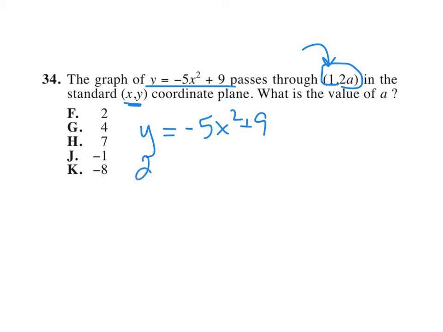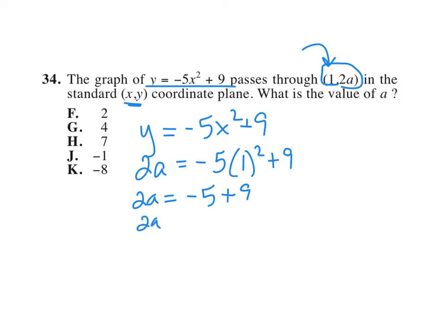So I'm going to replace y with 2a equals -5 times, I'm going to replace x with a 1, and then I'm going to solve for a. So I have 2a equals -5 times 1 is -5 plus 9. So I have 2a equals 4, a equals 2, F.